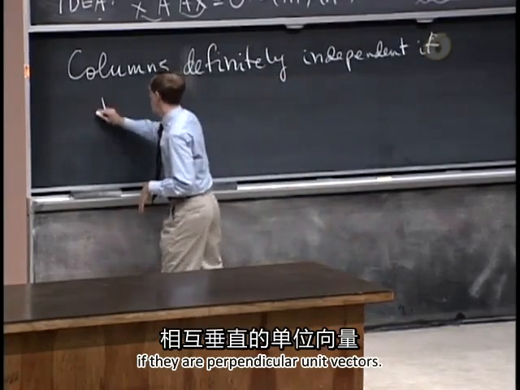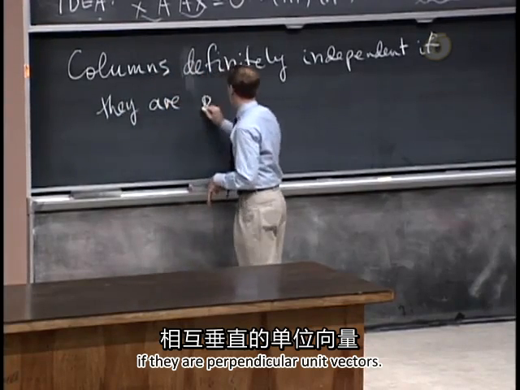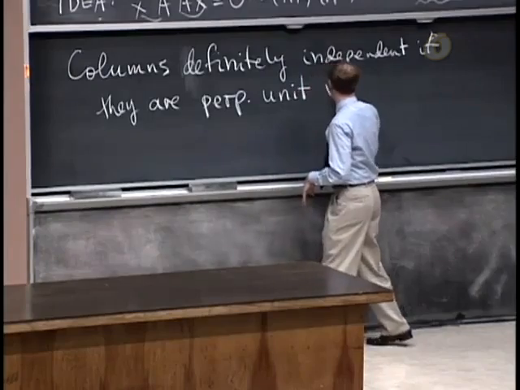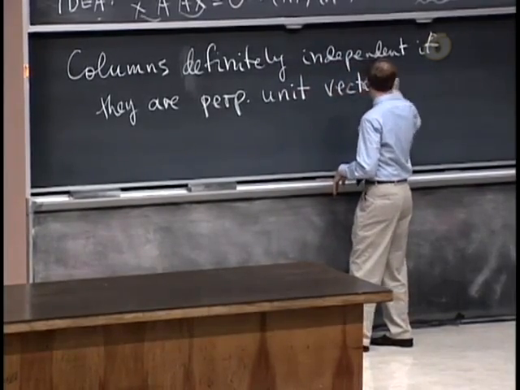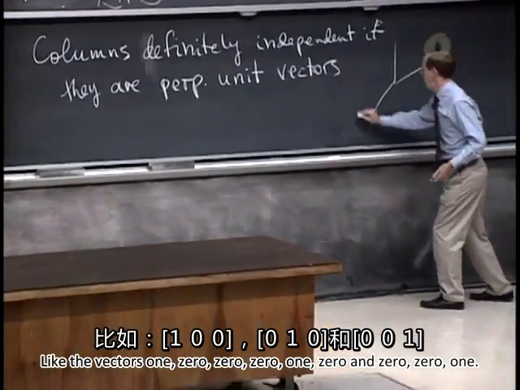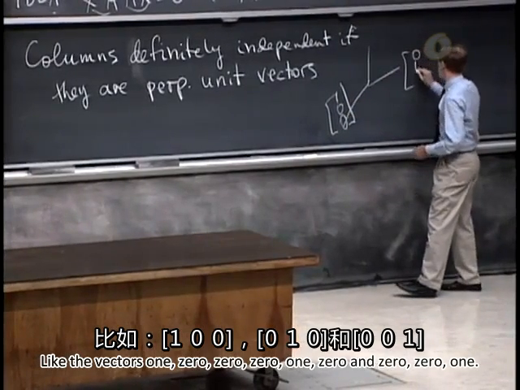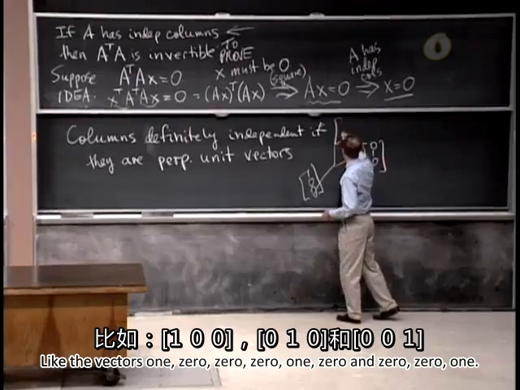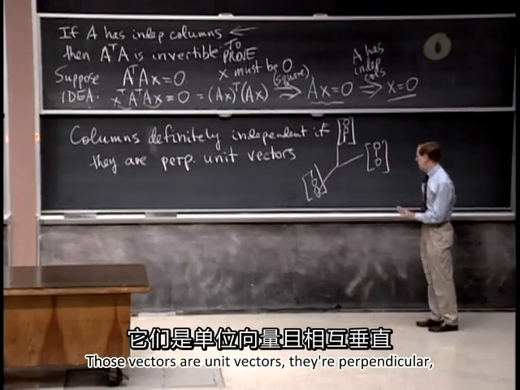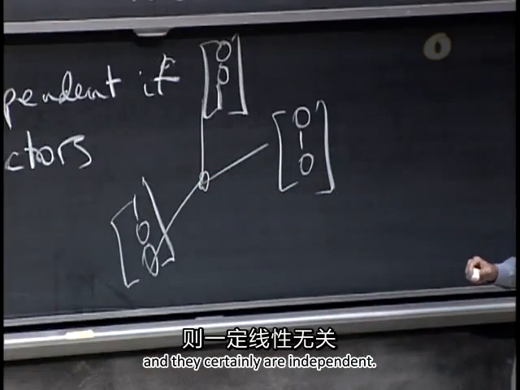If they are perpendicular unit vectors, like the vectors (1, 0, 0), (0, 1, 0), and (0, 0, 1). Those vectors are unit vectors. They're perpendicular, and they certainly are independent.